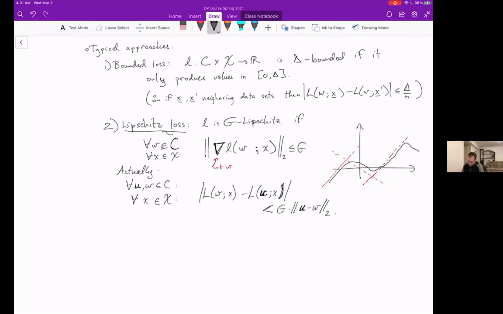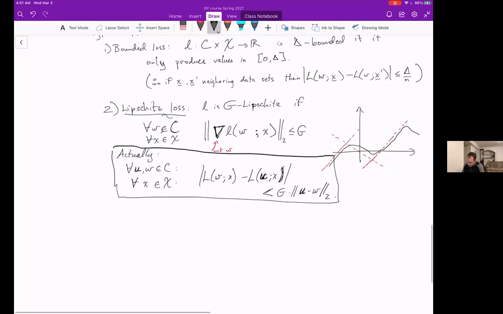Okay, so this is actually our definition of a Lipschitz loss function. And this will allow us to handle non-differentiable functions nicely.